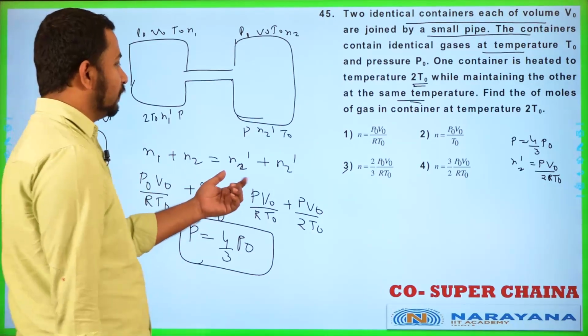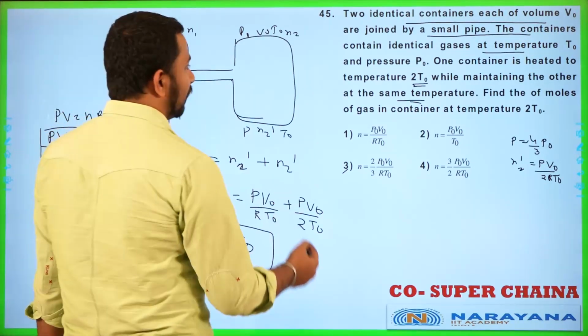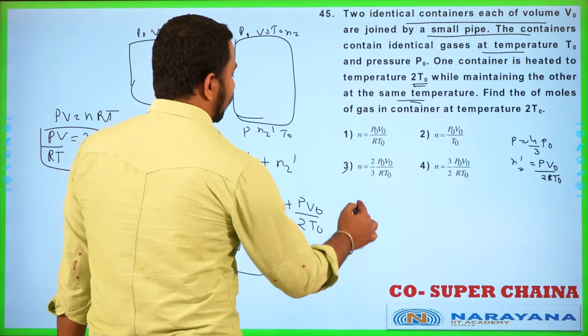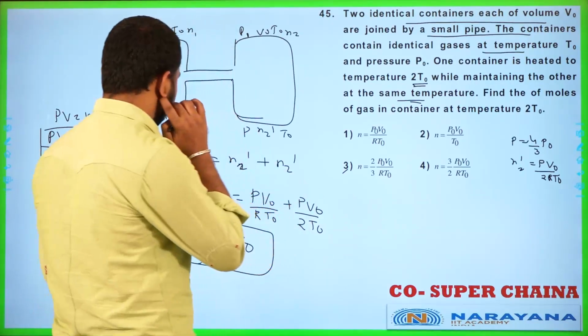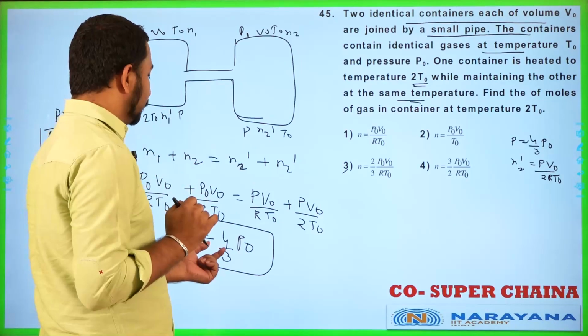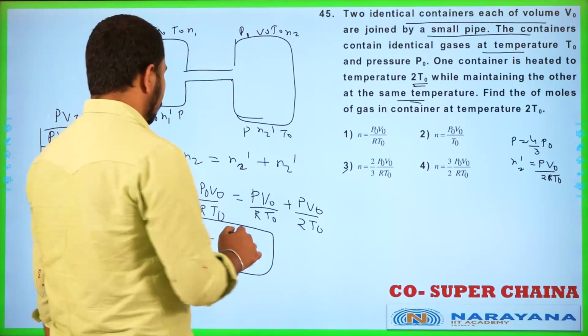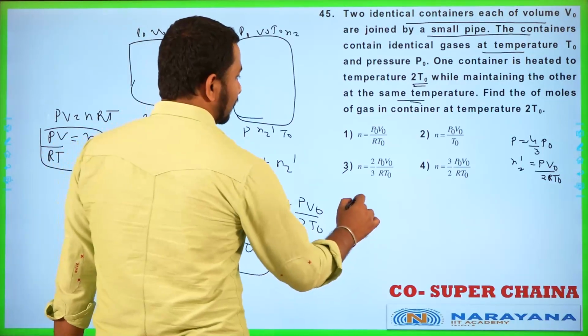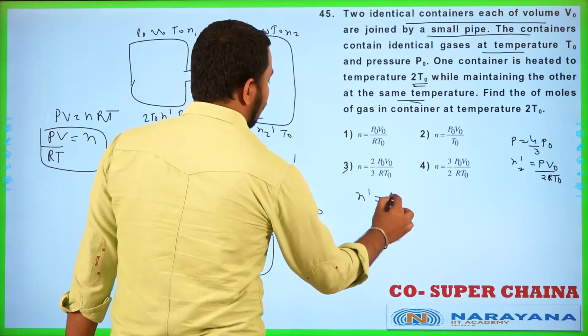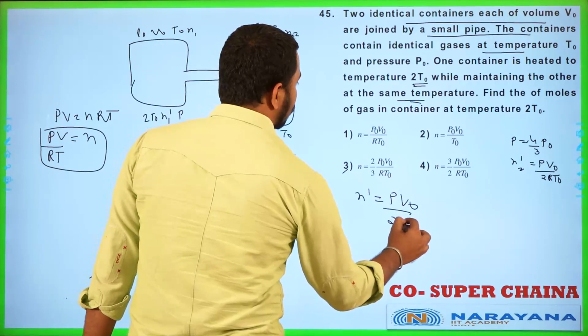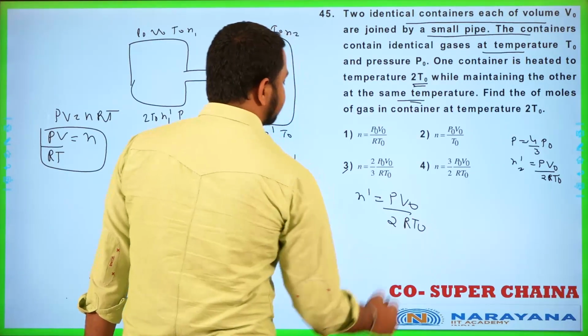Students, now we have to solve for N dash. We substitute this P into the N dash equation, P V naught by 2 R T naught.